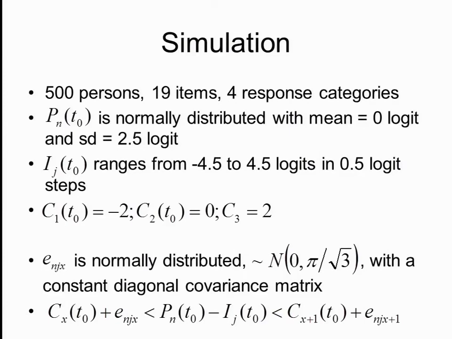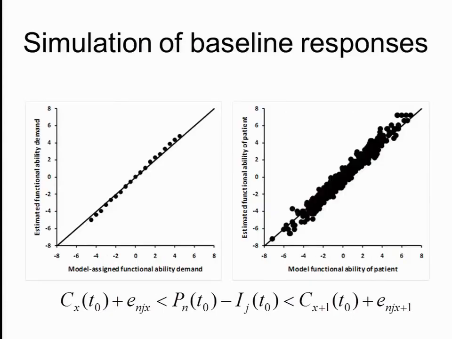Okay, and then we have our magic equation at the bottom for baseline responses, and that's how we generate the predictions. We grab a person, go right through all 500 people. We have a person measure for each one with a normal distribution.